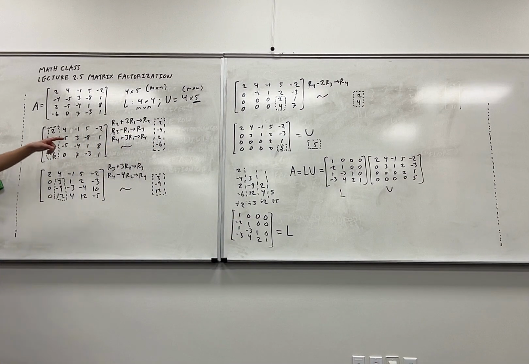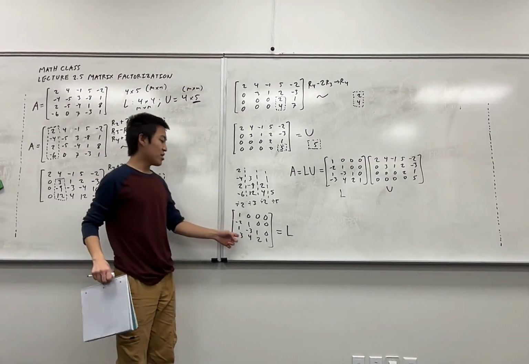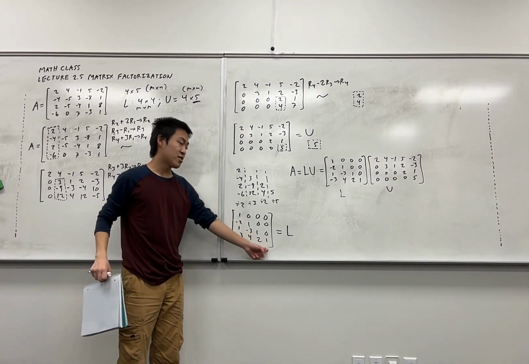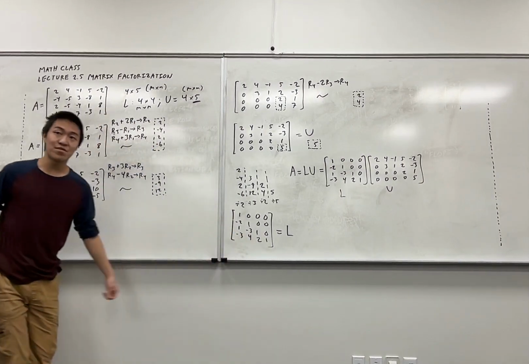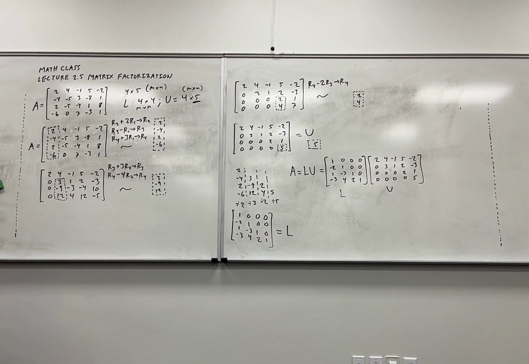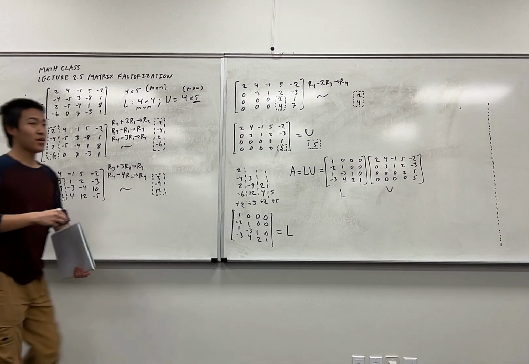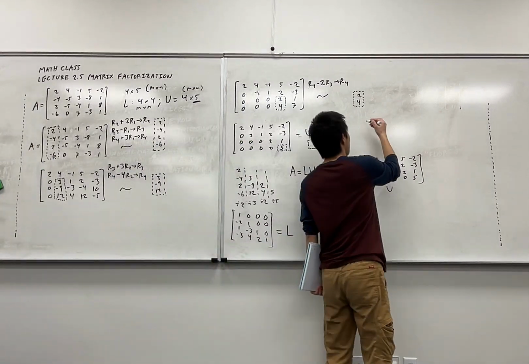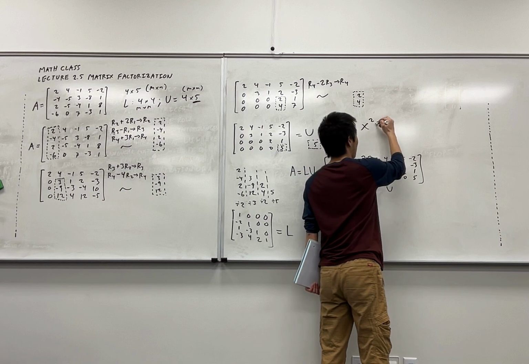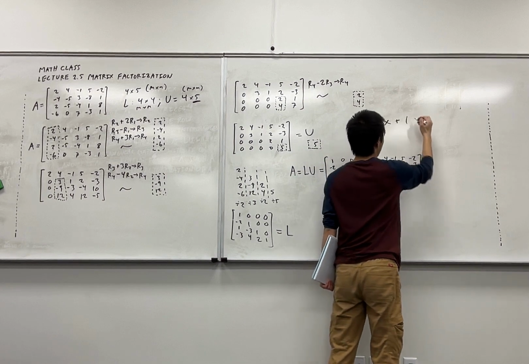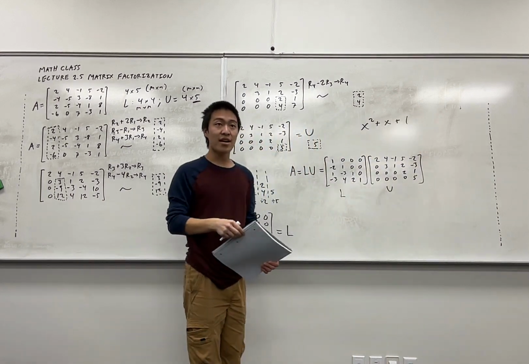Here's the thing: if you don't end up getting this, that simply means that your matrix A cannot be factored with LU. He brings up a good point. What if I gave you the quadratic x squared plus x plus 1? Can you factor that in the reals?